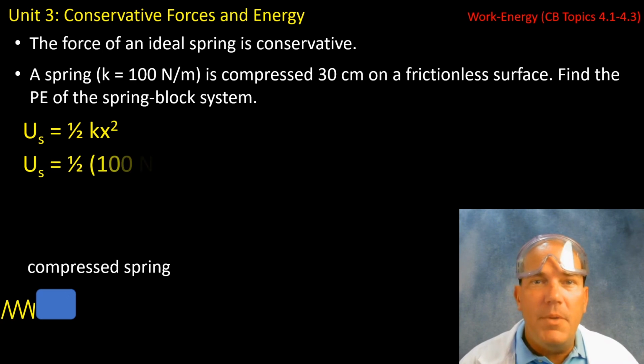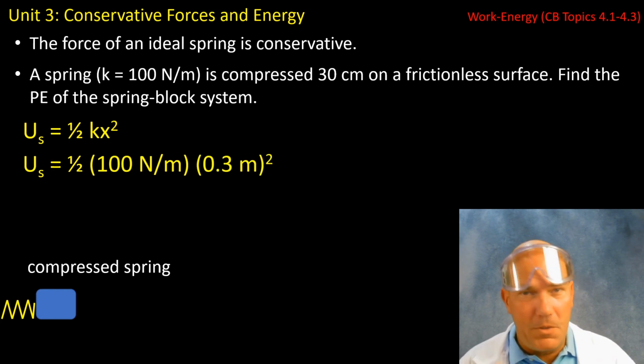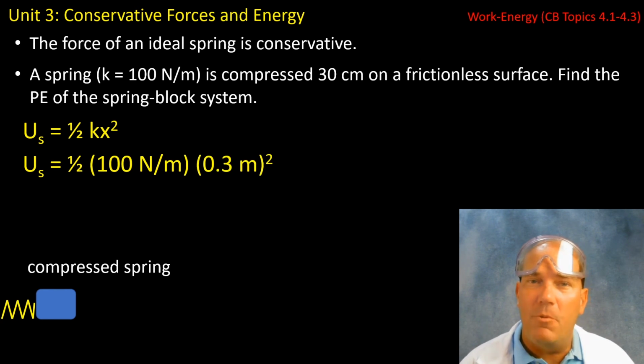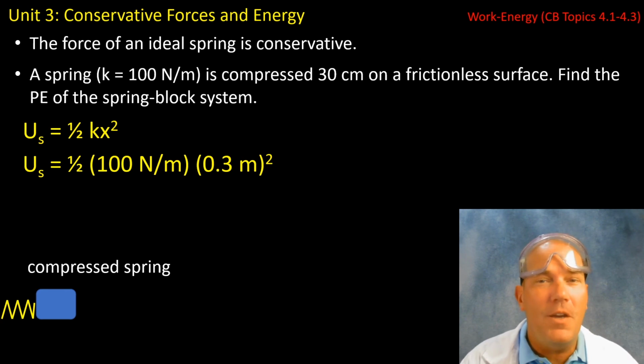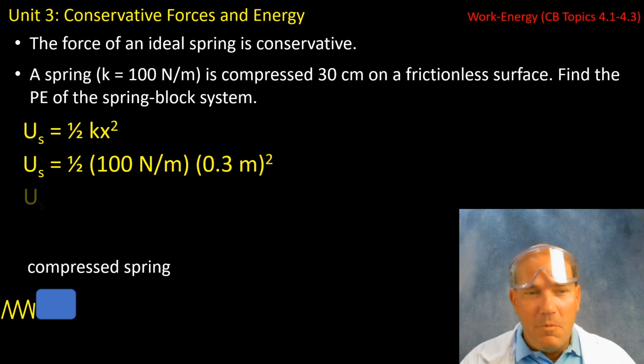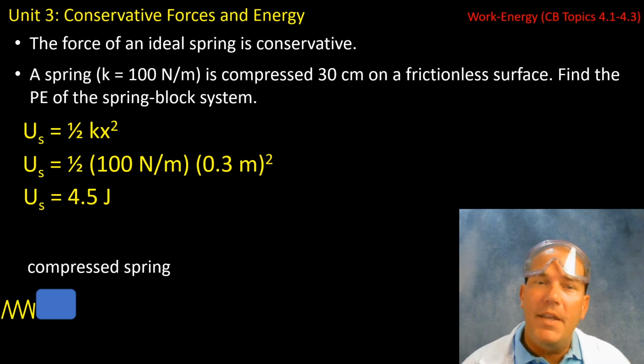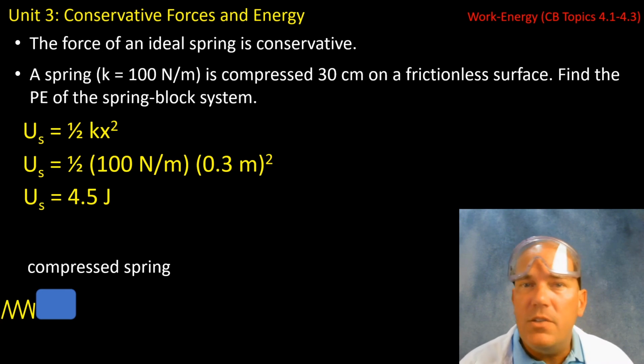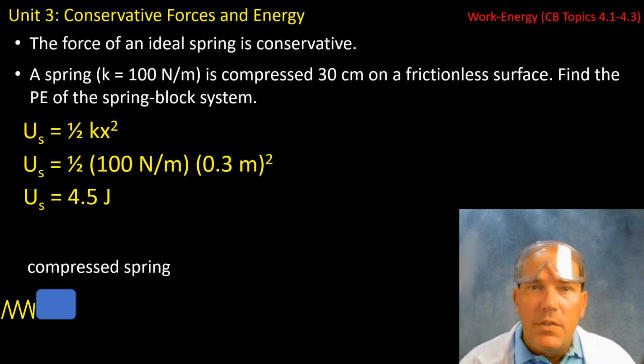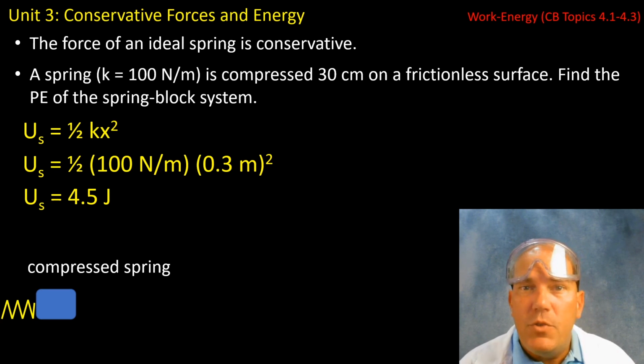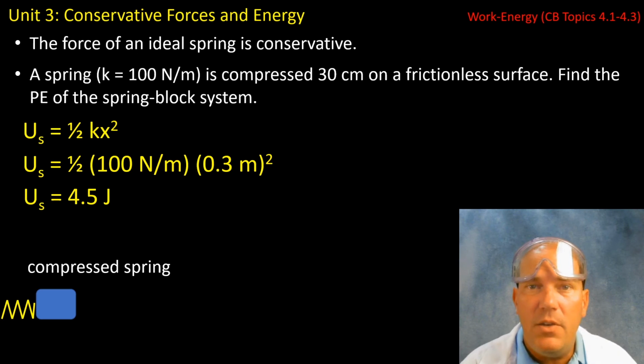So we know that to be 30 centimeters. And of course, we'll convert that into meters so that we're in the base SI units for our calculation. We put these values in, we can find that the spring energy is 4.5 joules. So it has 4.5 joules of this potential energy.